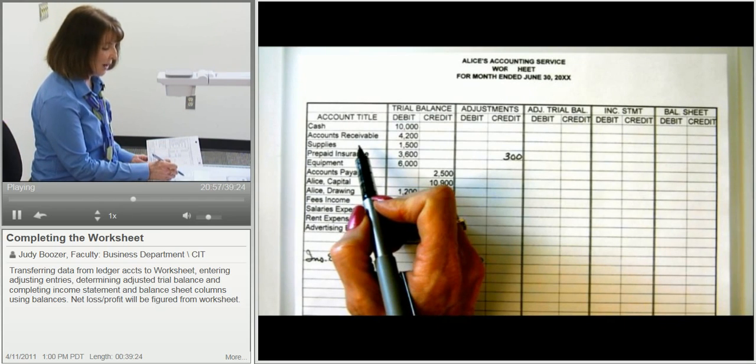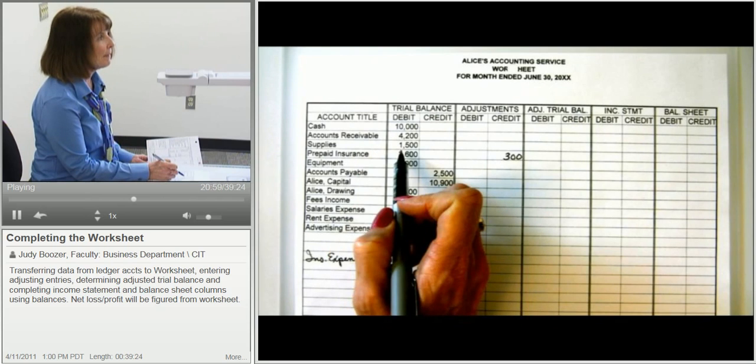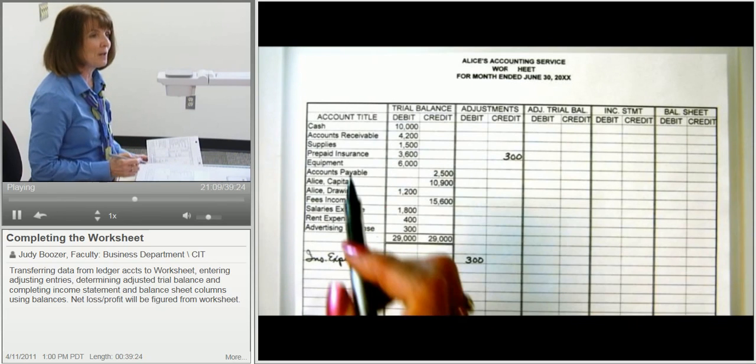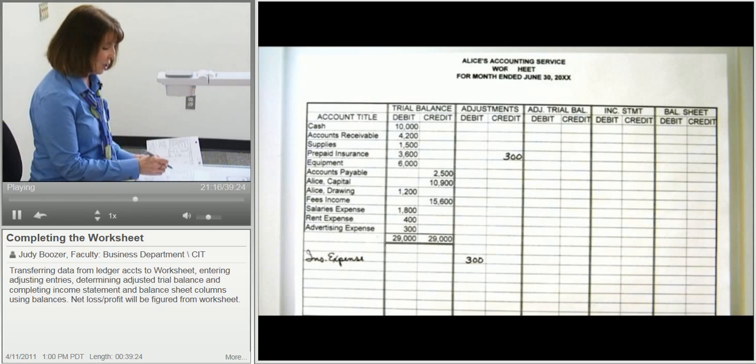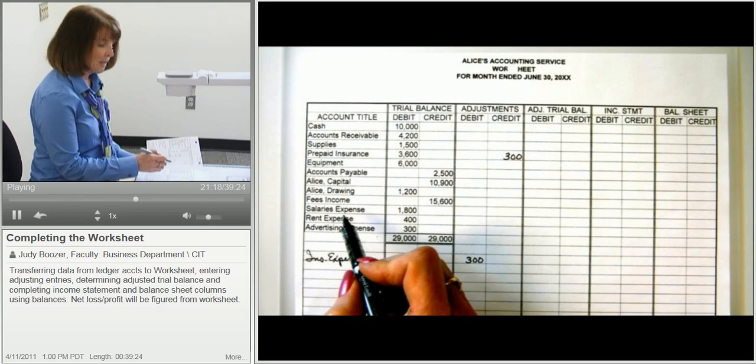We started with how much in supplies? And if we have 300 left, what does that tell you? We used up 1,200. So we're going to expense out the amount we used. So what expense would that go to? Supplies expense. Do you see it listed here? So we're going to add it.